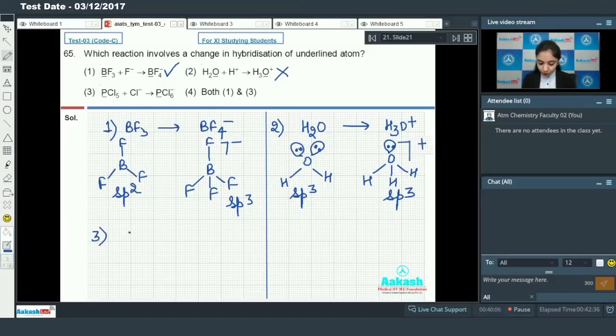Now we have the third option, which is conversion from PCl5 to PCl6 negative. So if I draw the structure for PCl5, it has 5 sigma bonds, so hybridization will be sp3d.